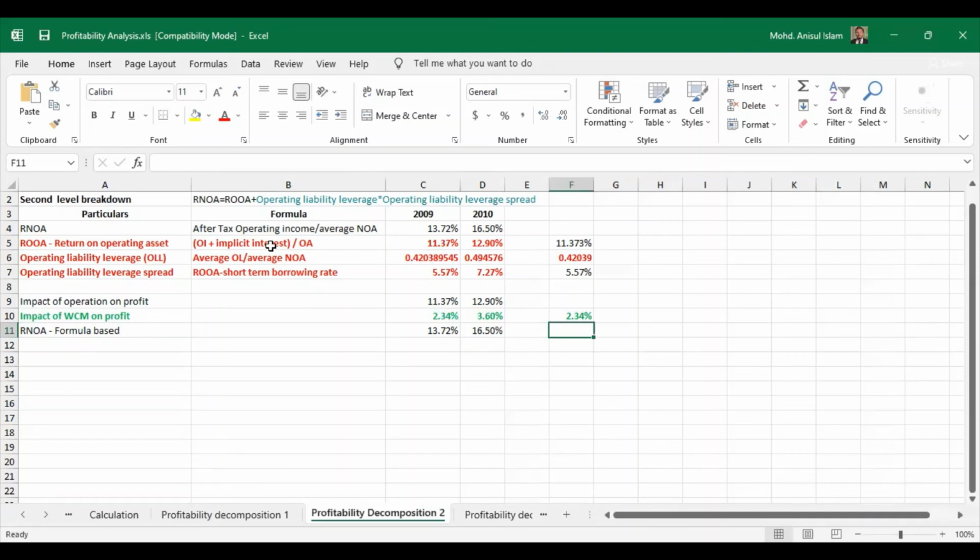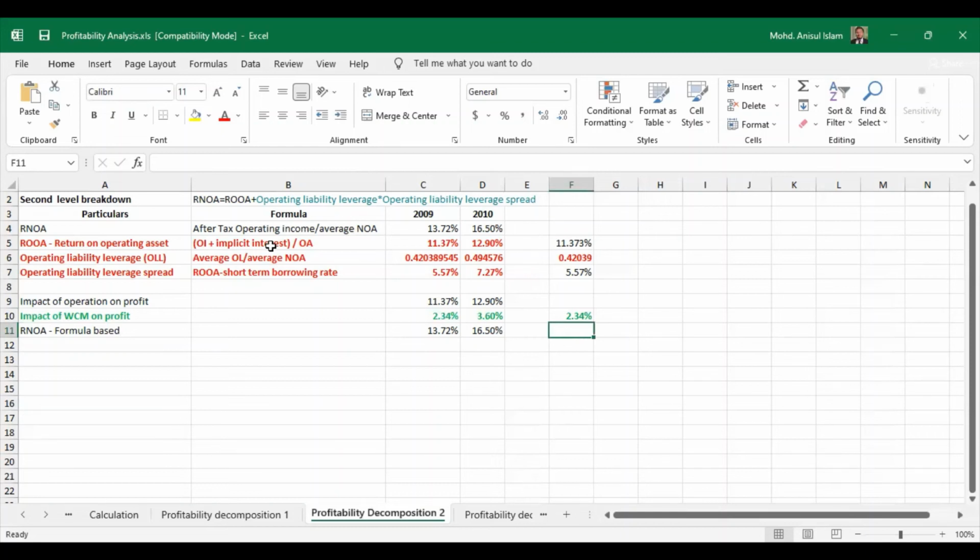This reflects that this 2.34% value addition is coming from working capital management. The 11.37% is coming from the investment in operating asset, and the 2.34% value is coming from my capability of managing the working capital more efficiently.